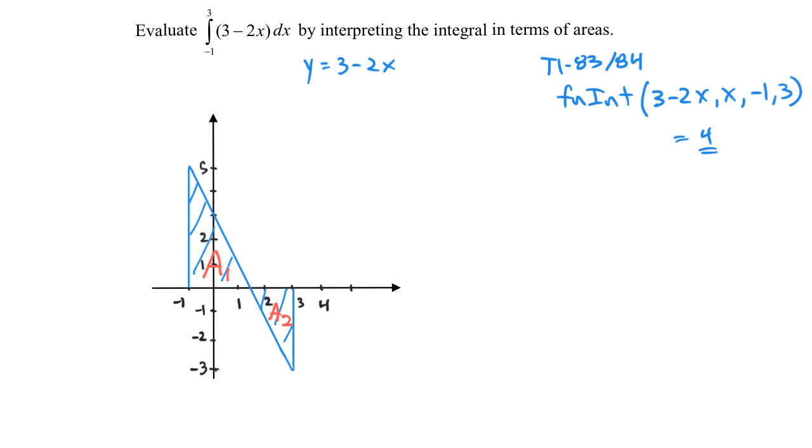So what we can do is this. We can go -1 to 3 of 3 minus 2x dx. And remember, if you've got an integral symbol, we need dx. So the way we can do that is we can interpret it as area 1 plus the negative of area 2.